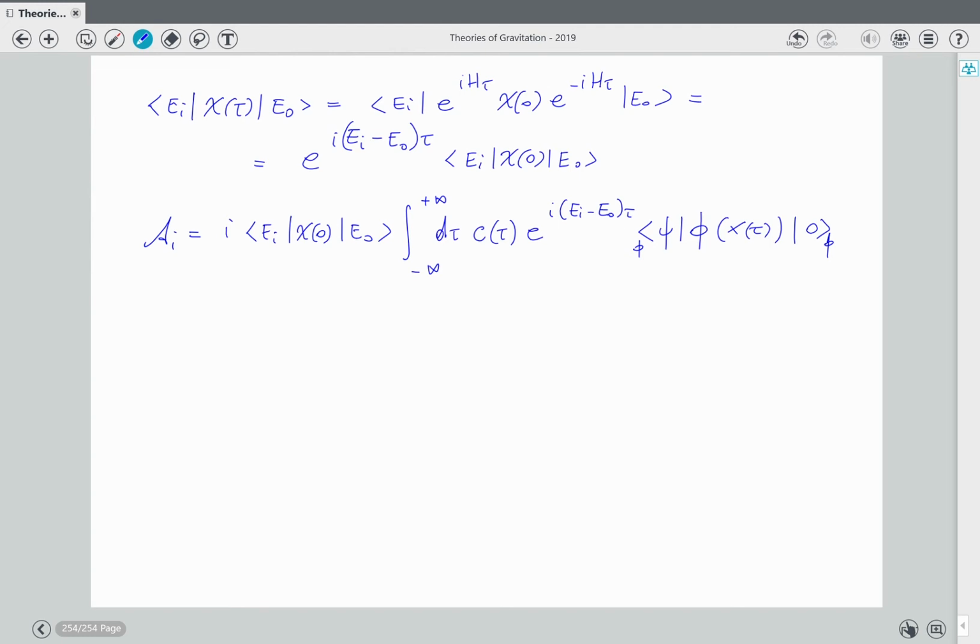Now, this is the amplitude. We cannot do much more about it. What we would like to compute is the transition probability, which we call P_I. What is that?